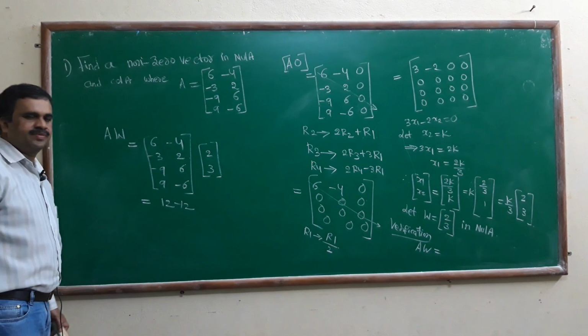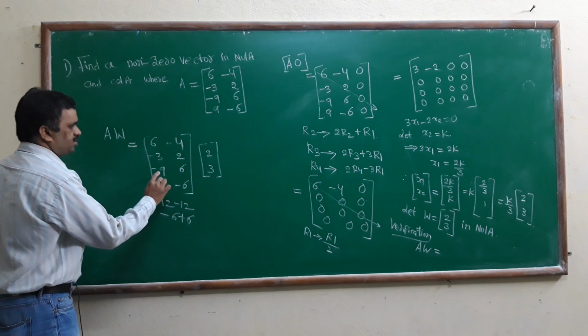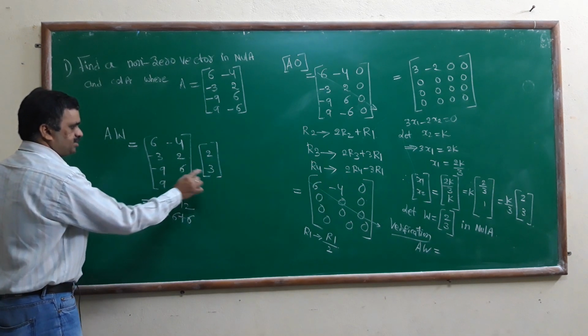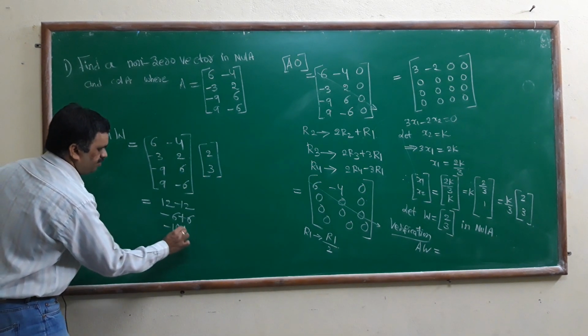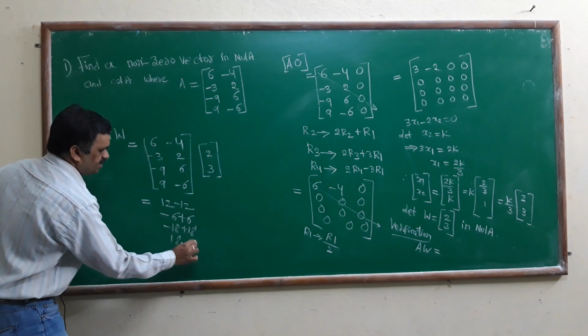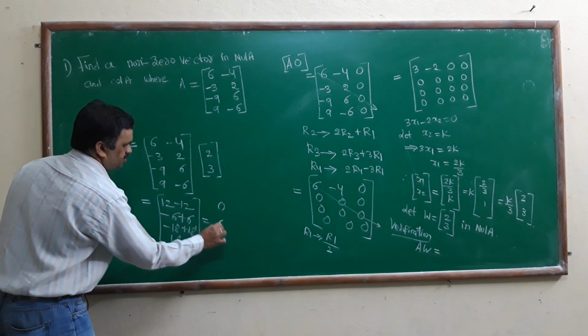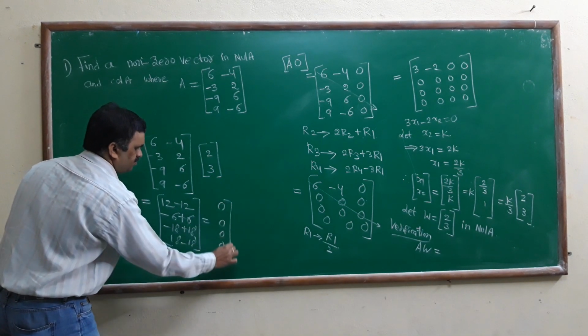First row is over. Similarly second row: minus 6 plus 6. Third row: minus 9 into 2 plus 6 into 3, minus 18 plus 18. Similarly, 9 times 2 is 18 minus 18. We got a zero vector, 0 0 0 0.